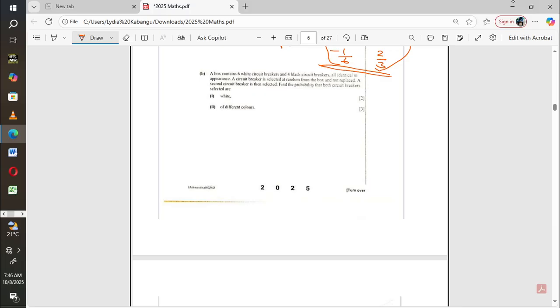A circuit breaker is selected at random from the box and not replaced. A second circuit breaker is then selected. Find the probability that both circuit breakers selected are white. Okay, I'll repeat the question. A box contains 6 white circuit breakers and 4 black circuit breakers, all identical in appearance. A circuit breaker is selected at random from the box and not replaced. A second circuit breaker is then selected. Find the probability that both circuit breakers selected are white.